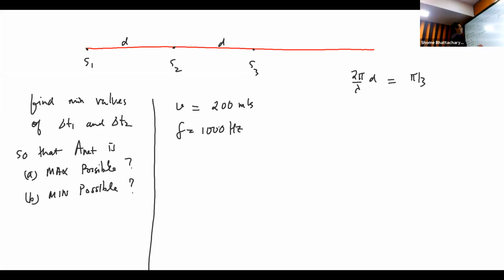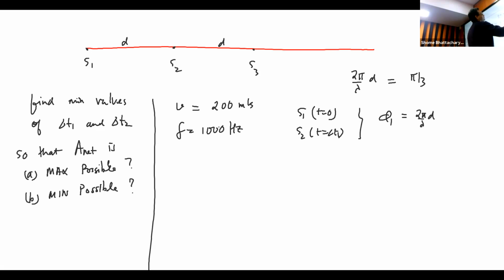So now if S1 is started at t equal to 0, but S2 is started at t equal to delta T1, then the phase difference between these two will become 2 pi by lambda into d minus 2 pi f into delta T1.